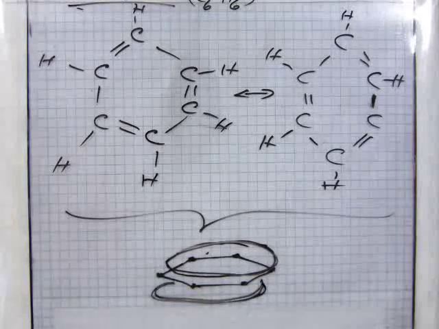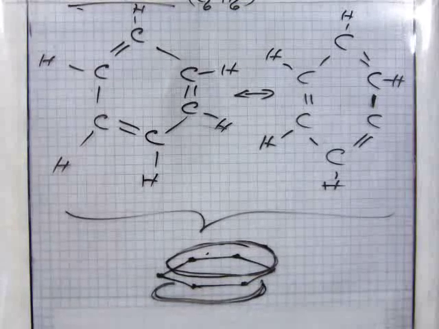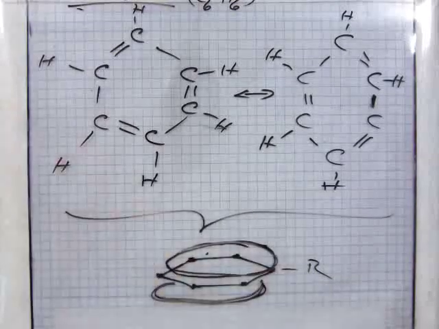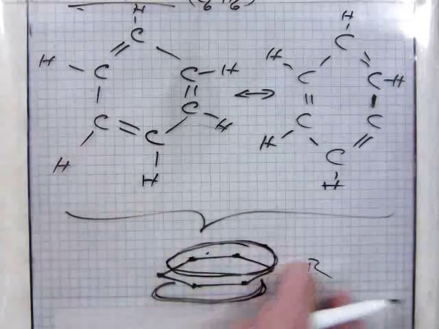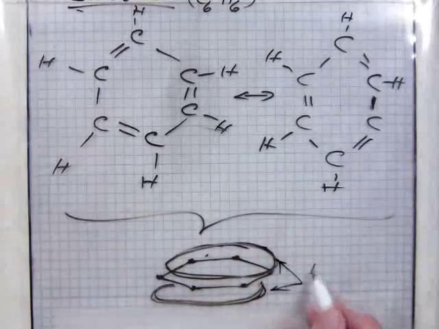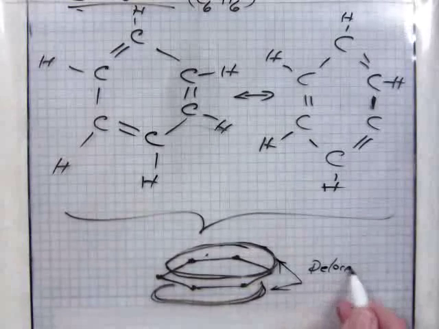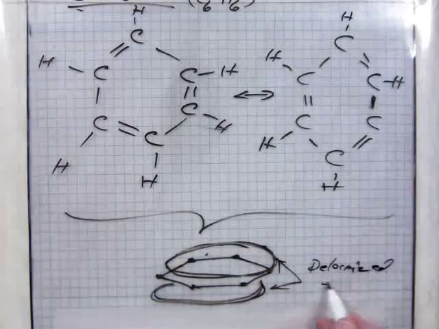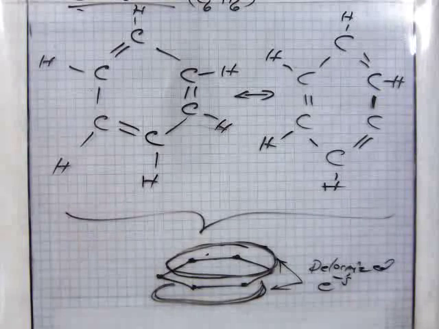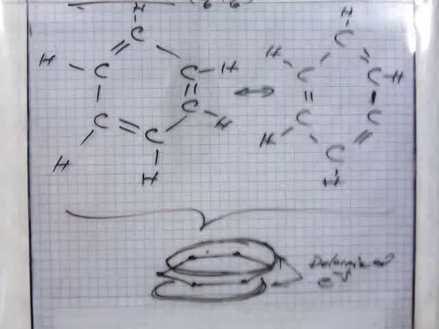That's the ring structure of benzene, and of course you could have some kind of substituent groups and so what have you. But the point is, this is delocalized electrons, and accounts for the resonance structure of benzene.